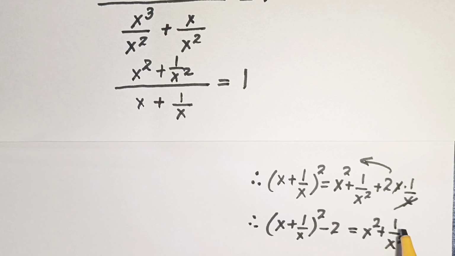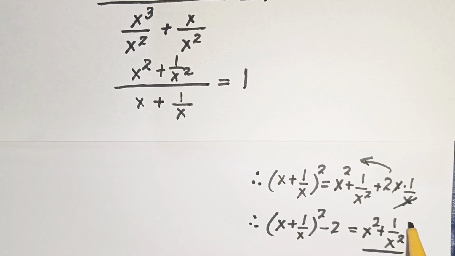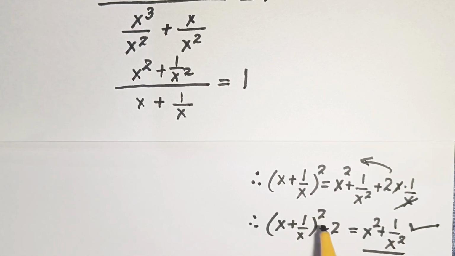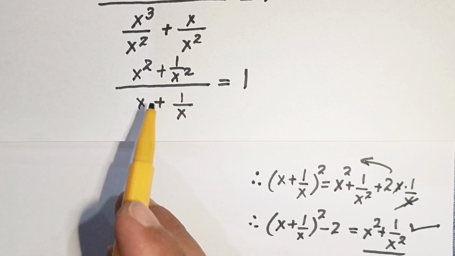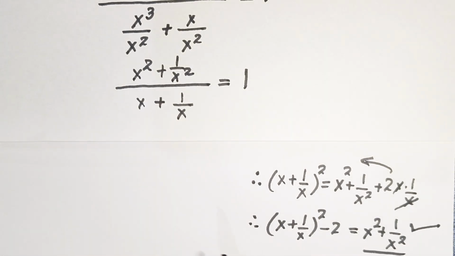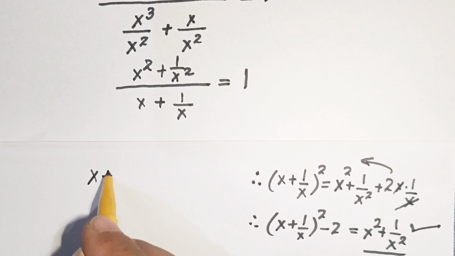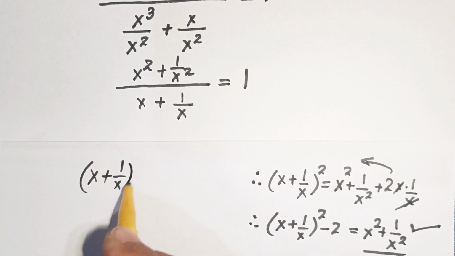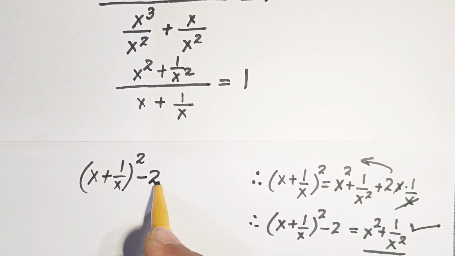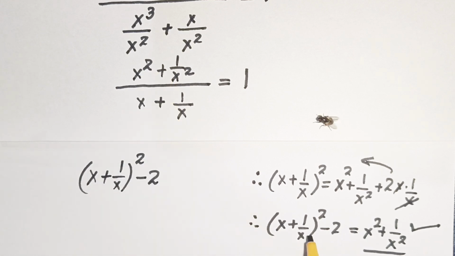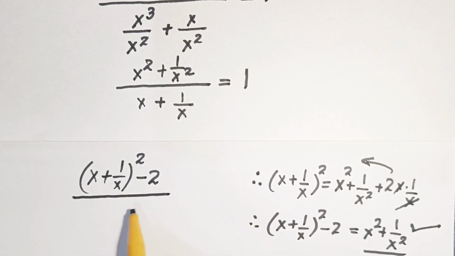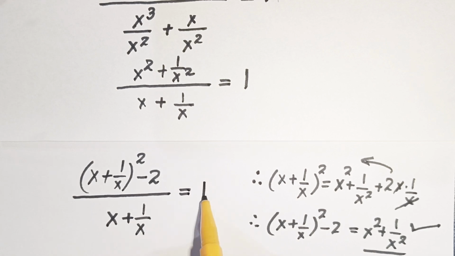Now putting the value of x squared plus 1 over x squared in our step, we get x plus 1 over x whole squared minus 2, all over x plus 1 over x, which is equal to 1.